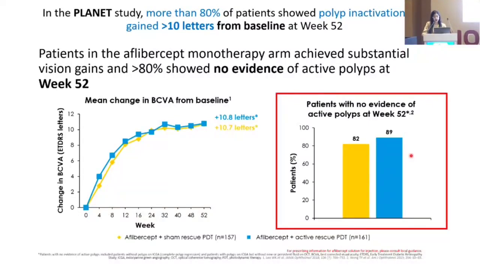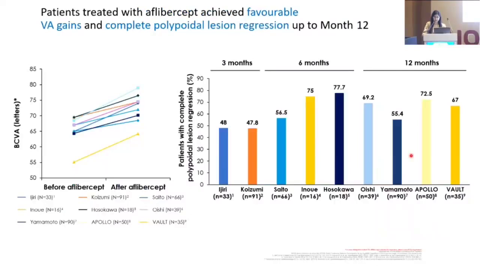Patients in the aflibercept monotherapy arm achieved substantial vision gains, and more than 80% of the eyes showed no evidence of active polyp at week 52. That means it has really helped in polyp regression over 1 year.